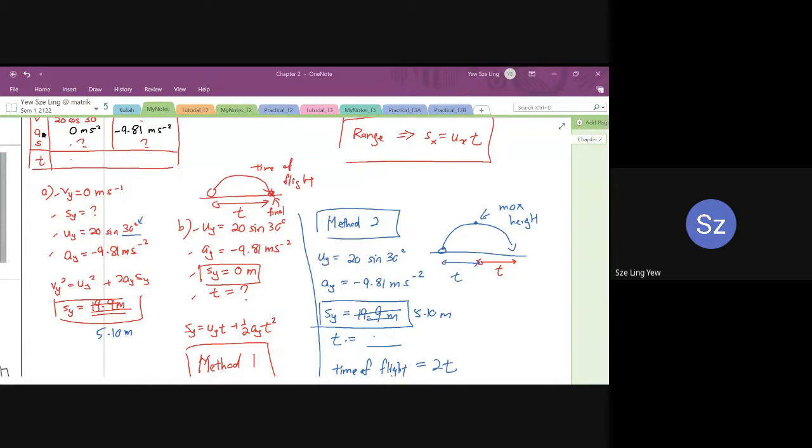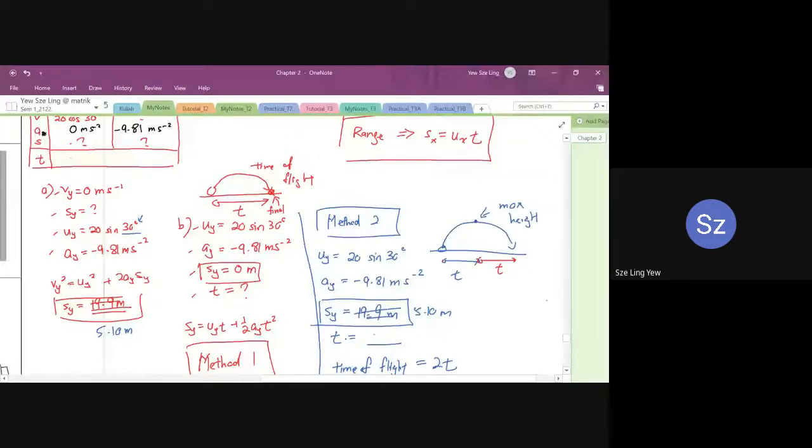So any other questions? Madam, can I ask if the ball is thrown downwards and then it's also at an angle like 30 degrees? Yes. Then for the UY, is it negative because it's now heading downwards from the reference line? Very good question. Yes, it should be negative if you throw downwards.